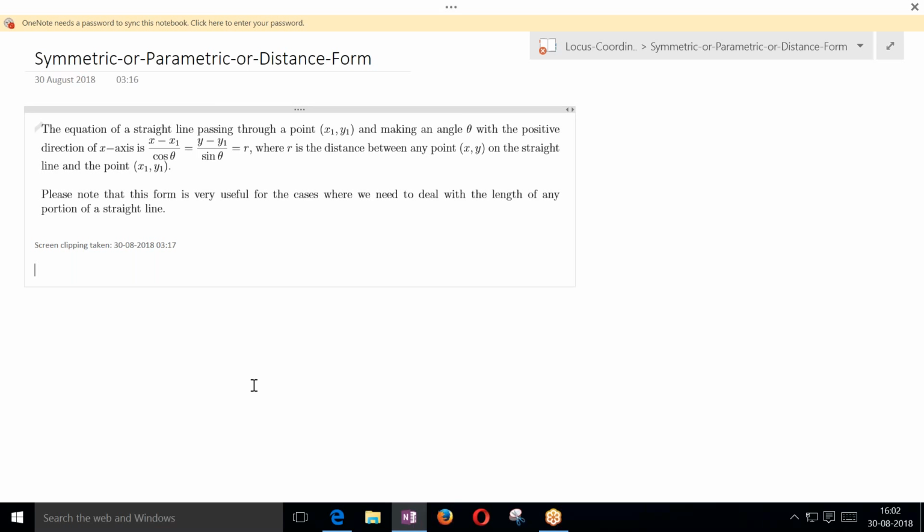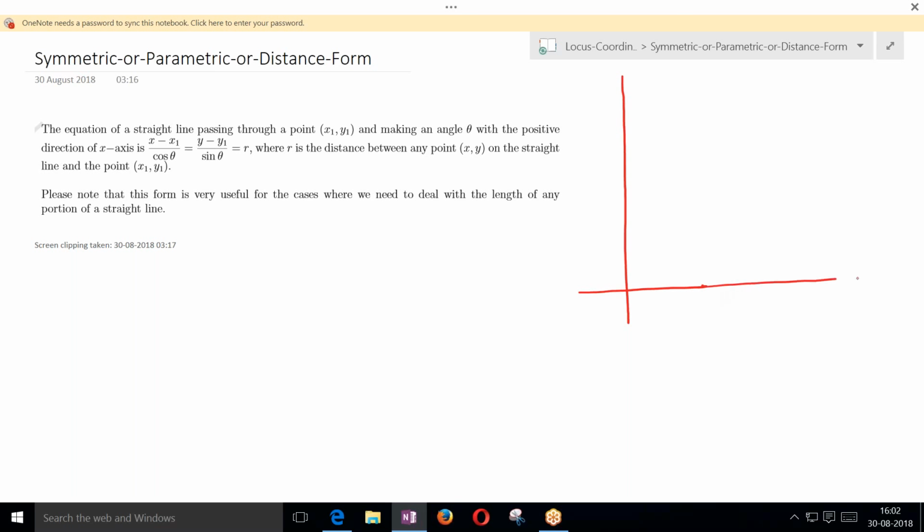So let's first draw the coordinate axis. This is positive direction of x-axis, this is negative direction of x-axis, this is positive direction of y-axis, this is negative direction of y-axis, this is origin.